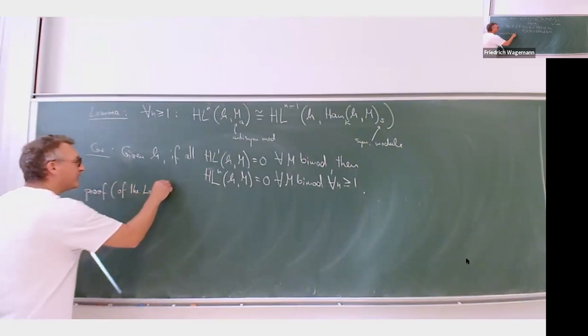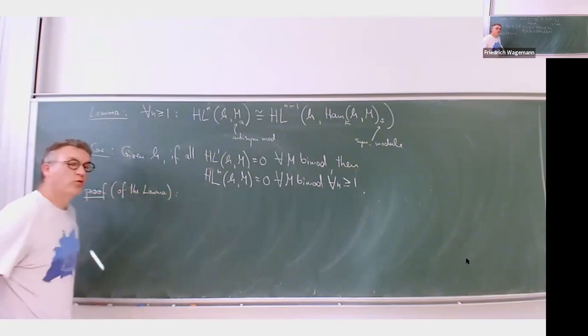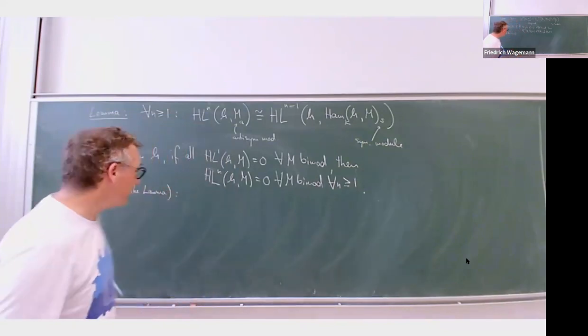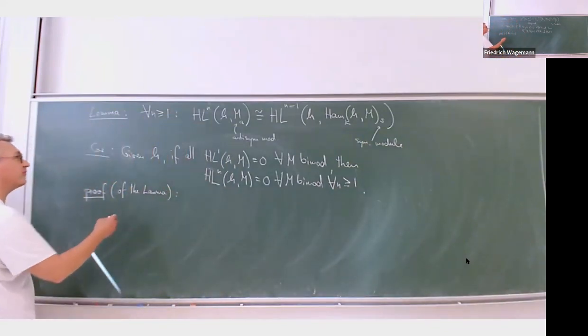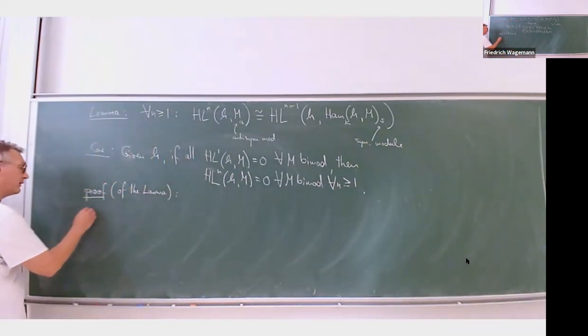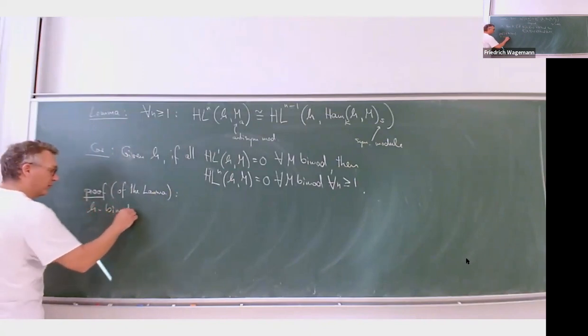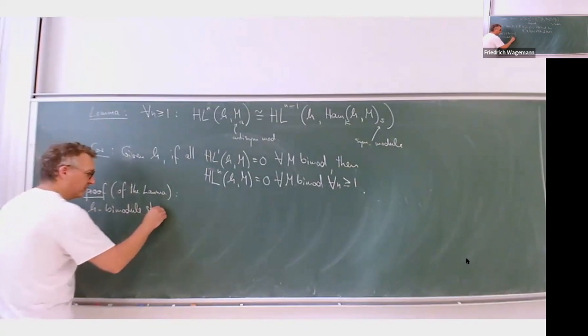This is an explanation. Okay, so I give the proof of the lemma, but I will be a little bit elliptic. The full proof is written in my lecture notes. So first of all, Hom(H, M) needs a module structure.